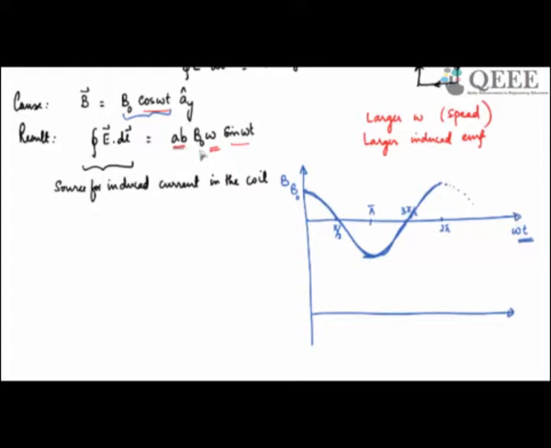Now, you look at the effect, the result. The result is A B B naught omega sin omega t. So, again I am going to plot this result as a function of omega t, for omega t equal to pi by 2, omega t equal to pi, and 3 pi by 2.